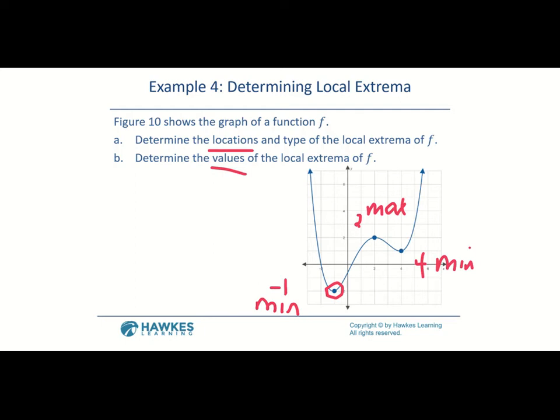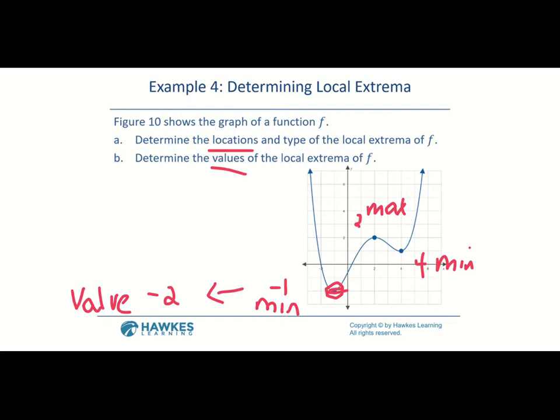Now, to determine the values, you're just going to look at the y value. So if the minimum is located at -1, the value of that local extremum is going to be the y value. For the first one, the value of that extreme is -2, because that's where it hits the y-axis.